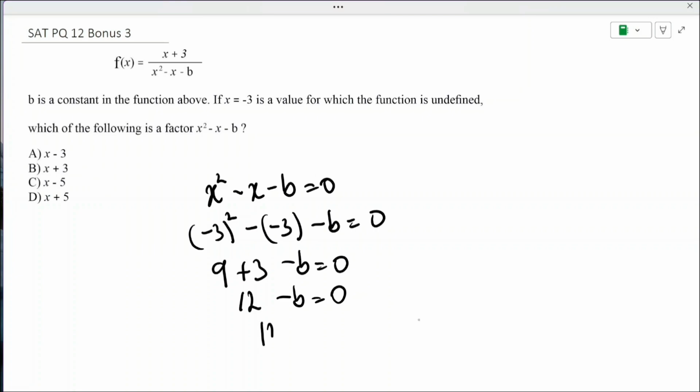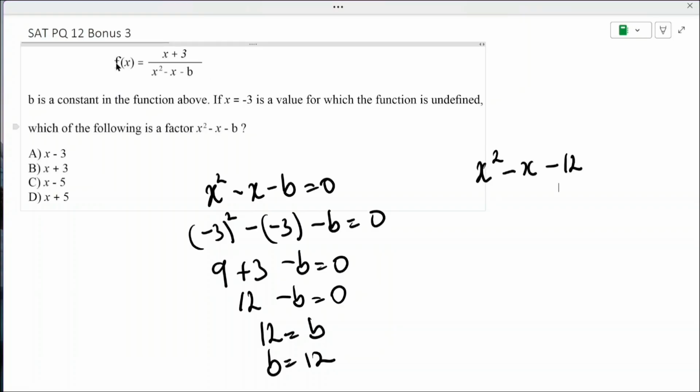You have 12 equals b. You can simply say b equals 12. Now that you know b is 12, you can write this expression taking b as 12. So you have x squared minus x minus 12. So the denominator of this function is actually x squared minus x minus 12.